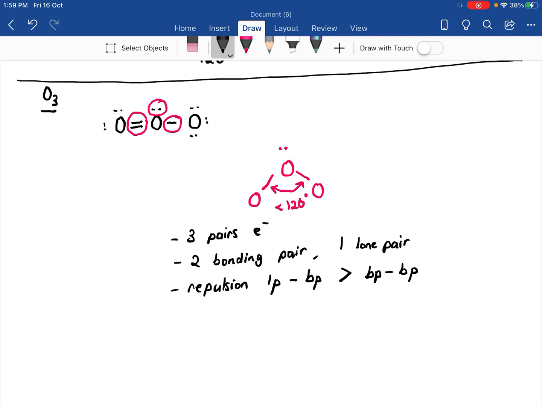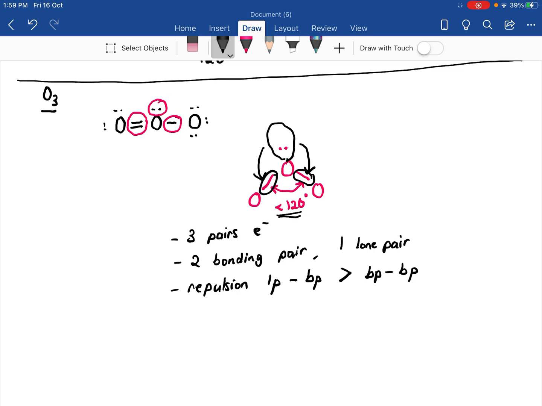I have mentioned earlier that for lone pair electrons, the repulsion is much stronger because they move more freely. So it will take more space to be occupied, and it will push the bonding pair electrons to be much closer to each other.